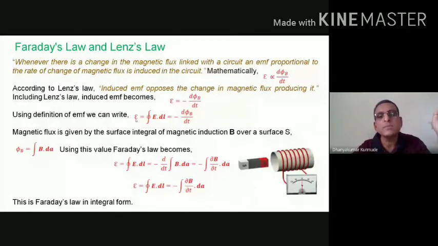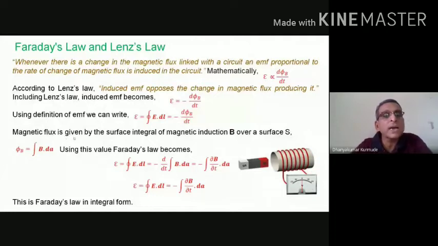So this EMF, integration of E dot dl, is equal to, according to Faraday's law, minus d phi B by dt. This is according to Faraday's law, and this is according to the definition of EMF. So we can combine these two and write the line integral of E dot dl is equal to minus d phi B by dt.